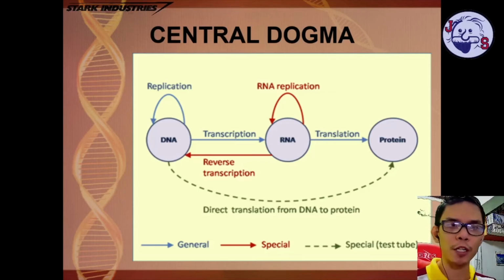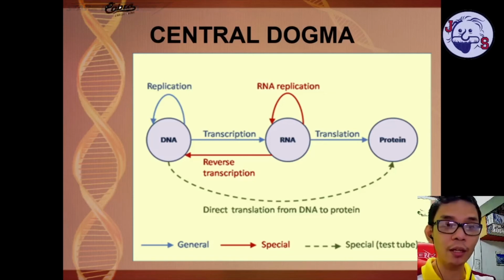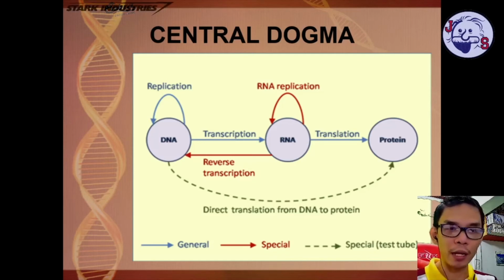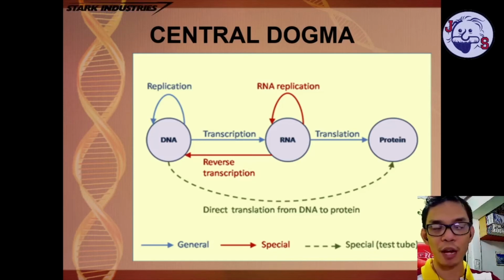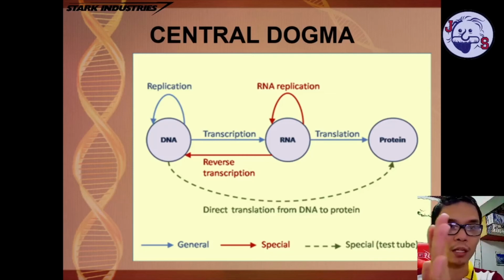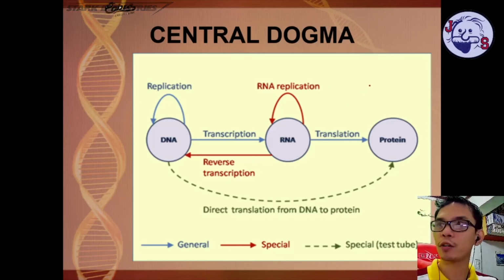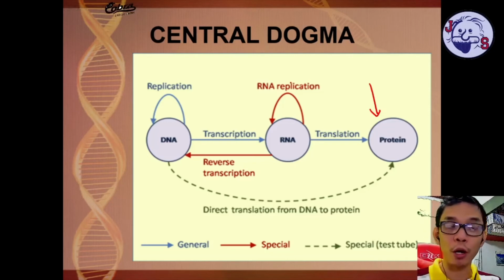The central dogma was first identified by Francis Crick, and he described it as the process inside the cell that is used by the cell to create something functional from DNA. What is this functional something? That is protein. This is the functional molecule.